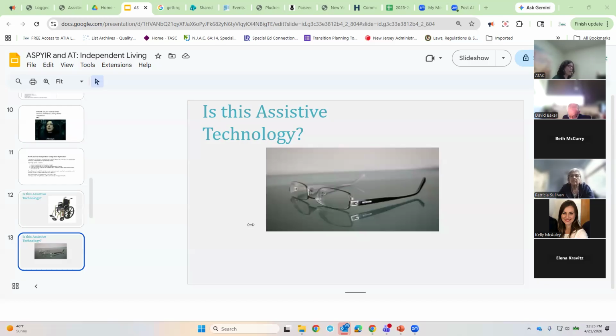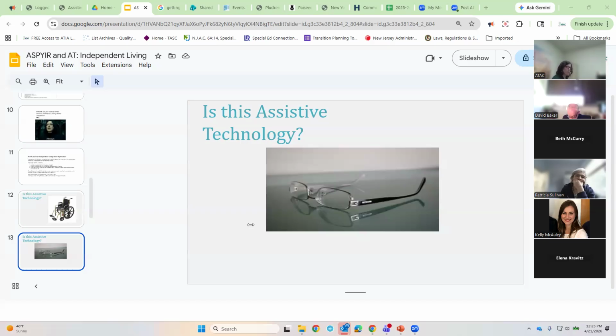So, at the beginning phases of having just a tool like a pair of glasses, a pair of glasses becomes assistive technology once it furthers the support and needs and wants of someone with a disability.